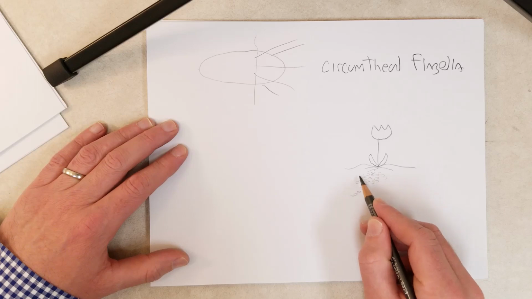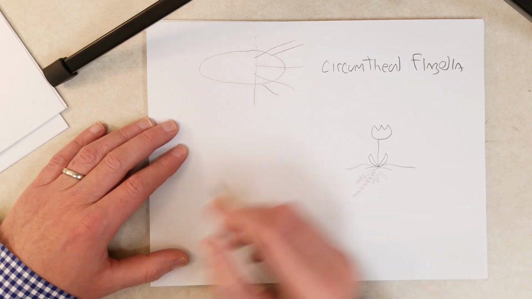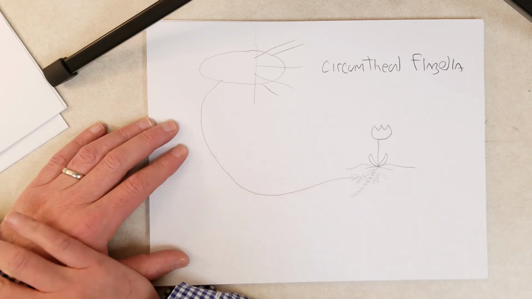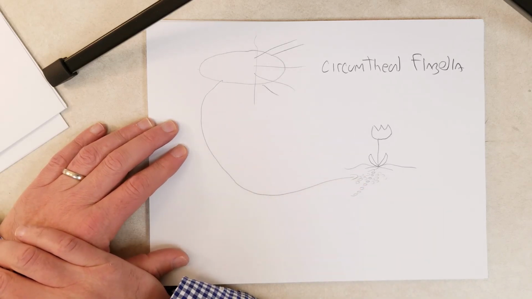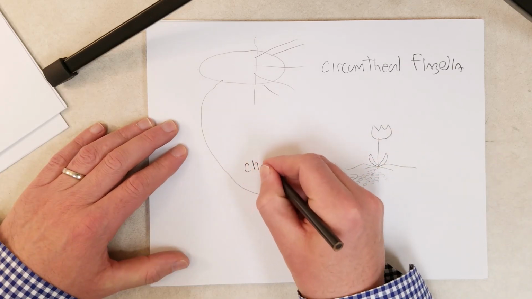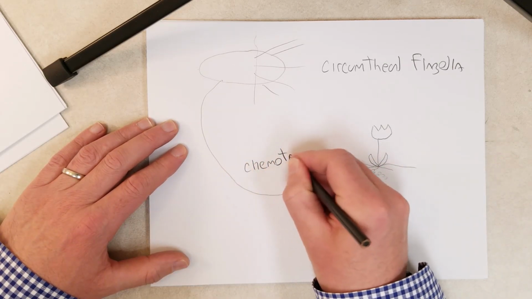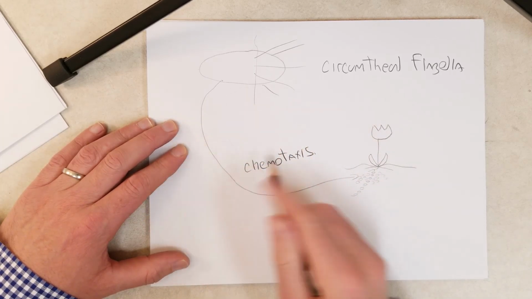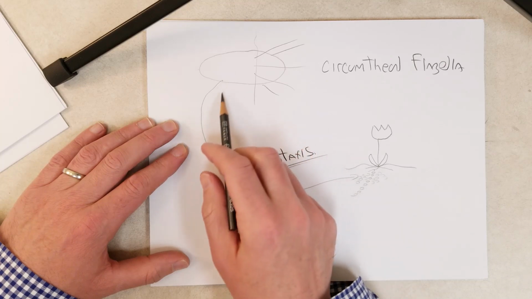Certain chemicals leak from the wound site. And Agrobacterium is really good at sensing those chemicals that leak from a plant wound. And it can move through a process called chemotaxis towards the wound site.